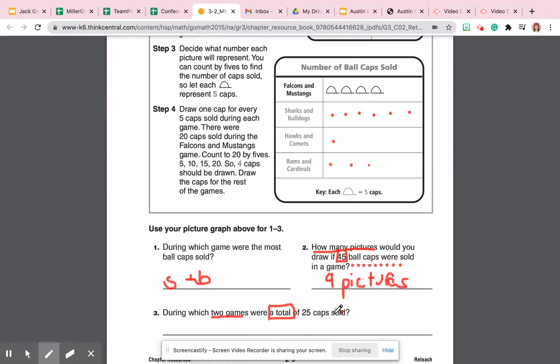Well, I know based on my data table that there were 20 hats sold here and 5 caps sold here. And I know that 20 plus 5 equals what? Let's add it together and see if we can add those two. 20 plus 5.